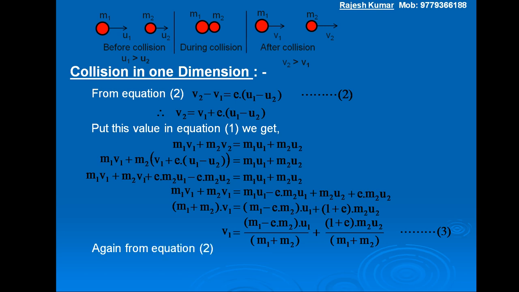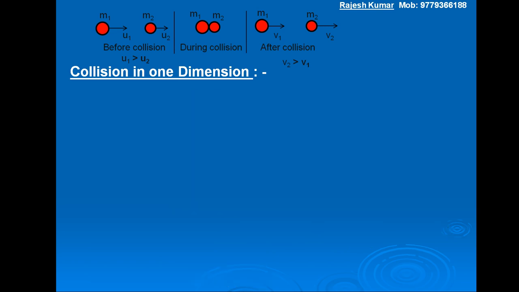Again from equation number 2, we get v1 is equal to v2 minus E into (u1 minus u2). Now put this value in equation number 1. So we get m1 v1 plus m2 v2 is equal to m1 u1 plus m2 u2.